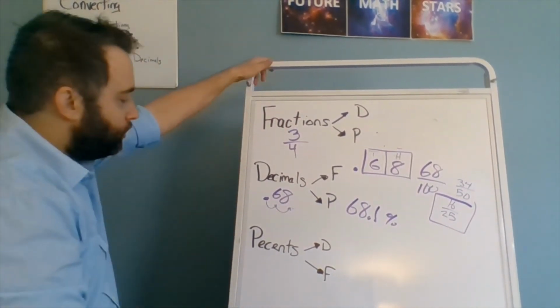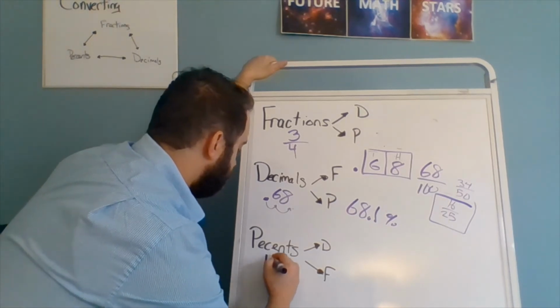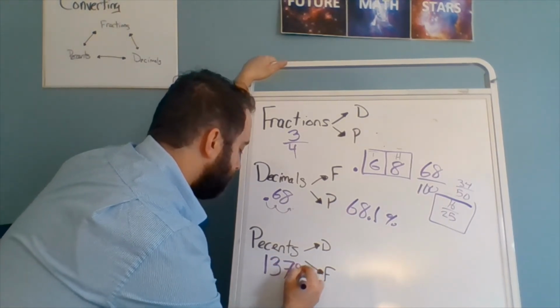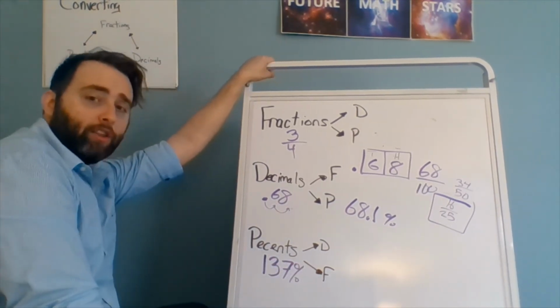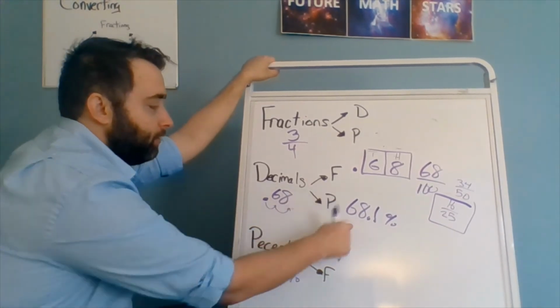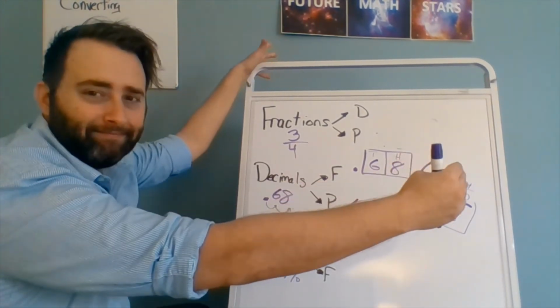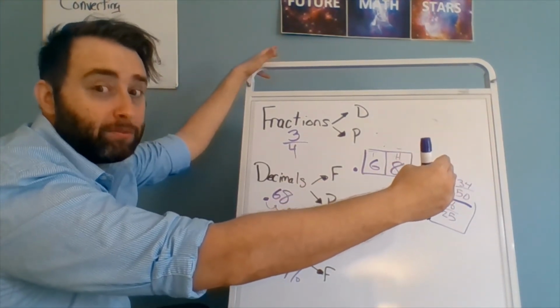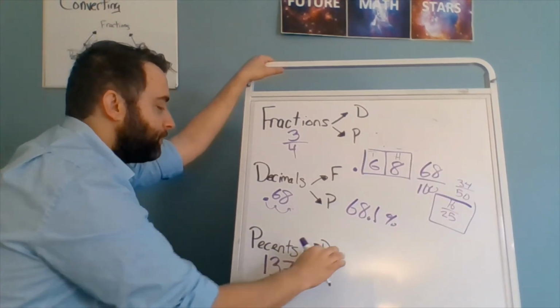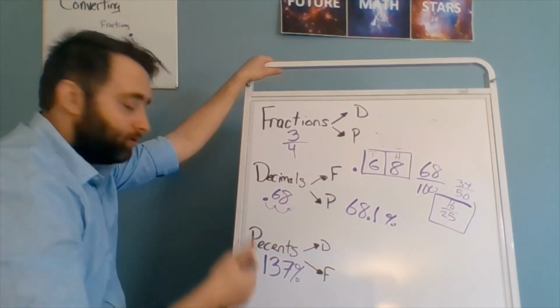Percent. Let's use a hard one. I'm going to use 137%. Now, in order to go from decimal to percent, I slid the decimal place over 2 times. Not different, just backwards. So if I want to go from percent to decimal, slide the decimal back over 2 times.